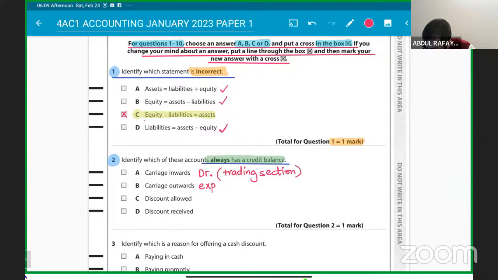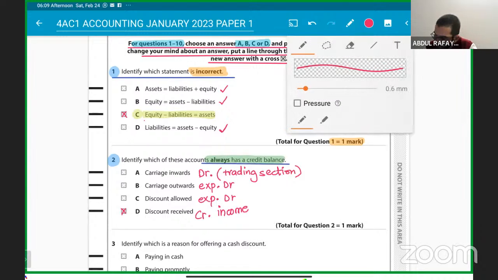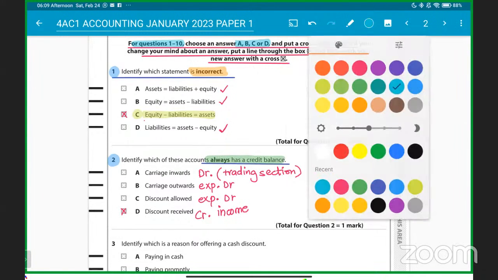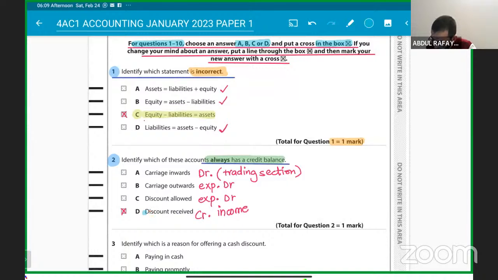Discount allowed and carriage outwards are also expenses with debit nature, while discount received has credit nature because it is income. So our answer is 2D, discount received. Any problem?